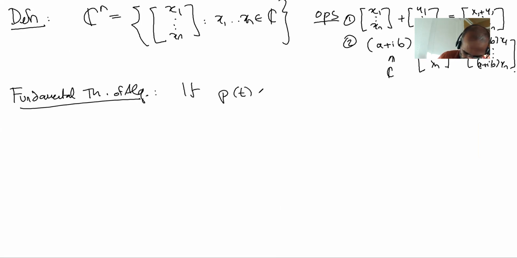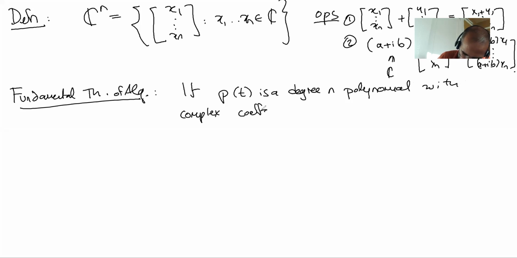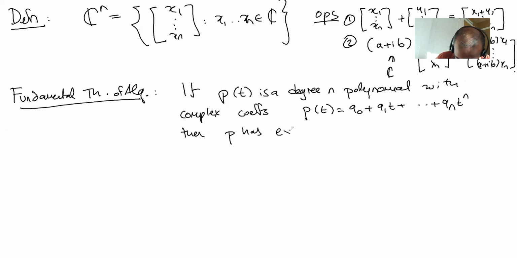If P of t is a degree n polynomial with complex coefficients, so what that means is P of t is equal to some a naught plus a1 t all the way up to a n t to the n, then P has exactly n complex roots, lambda 1 through lambda n, with multiplicity.